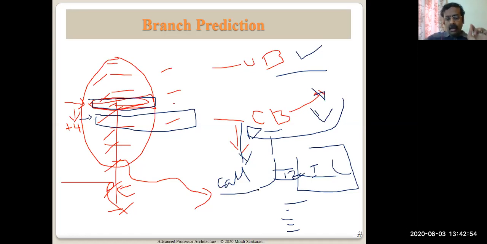Whereas if it is a subroutine call, it will go to some other location, execute some set of instructions, and when the function ends, the compiler would have put a return instruction there. Once it executes the return instruction, it knows where to come back. It will come back to the address next to the call instruction and start fetching instructions from there.